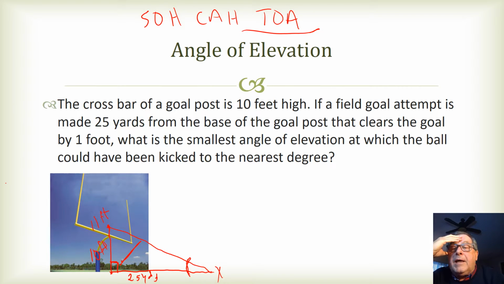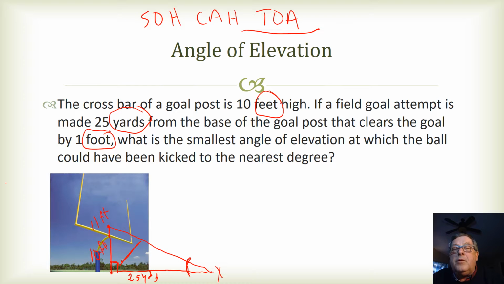But before I get too excited, I've got to think about units of measurement. The goalpost is 10 feet high. It clears the goal by 1 foot. But the field goal attempt is 25 yards away.